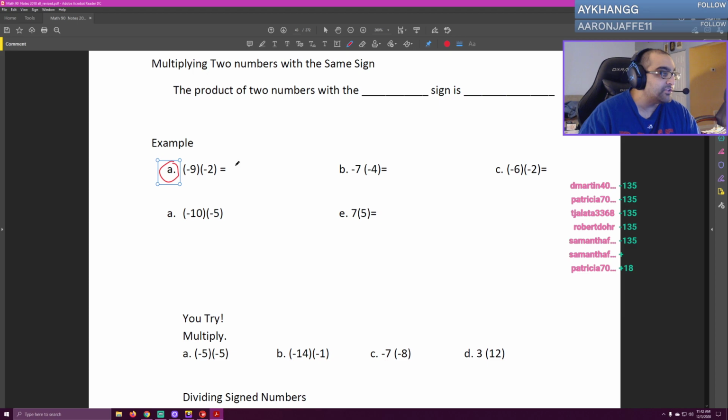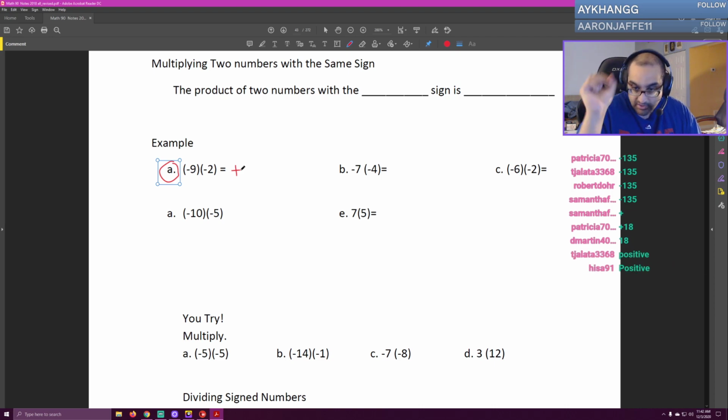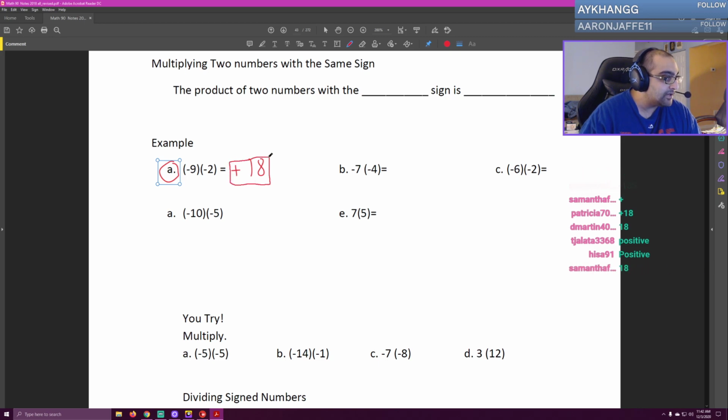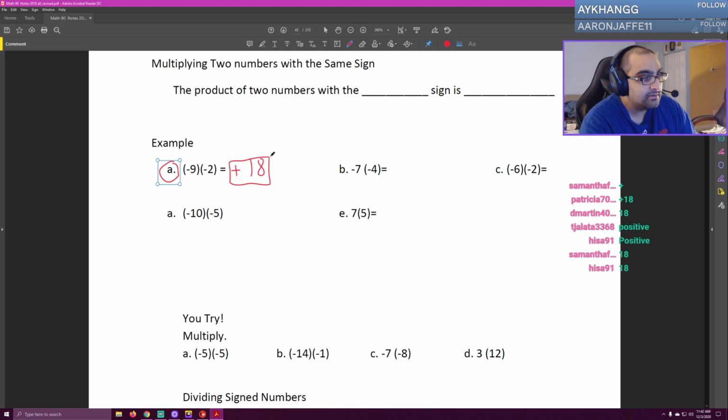Spot on. That's correct. A positive, right? A negative times a negative is a positive. And we do 9 times 2, 18. Spot on. Look at that. You guys got this down. Excelente. I'm liking what I'm seeing. I approve of everything.